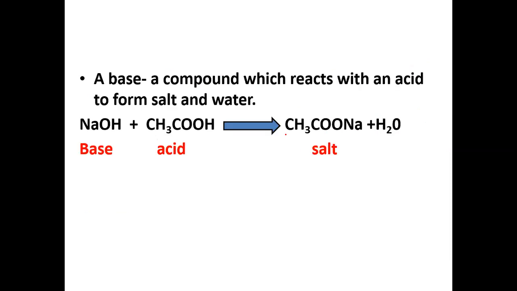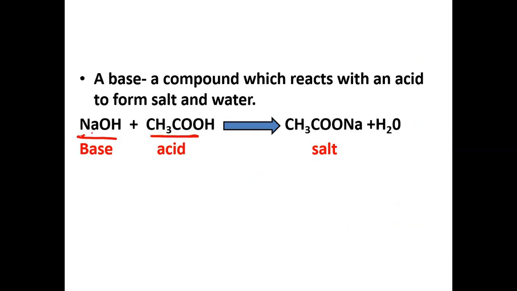Let's look at a base. We are saying a base is a compound which reacts with an acid to form salt and water. So again, we can see a base here, which we are all conversant with, sodium hydroxide. And we can also have an acid here, acetic acid. This is a weak acid.